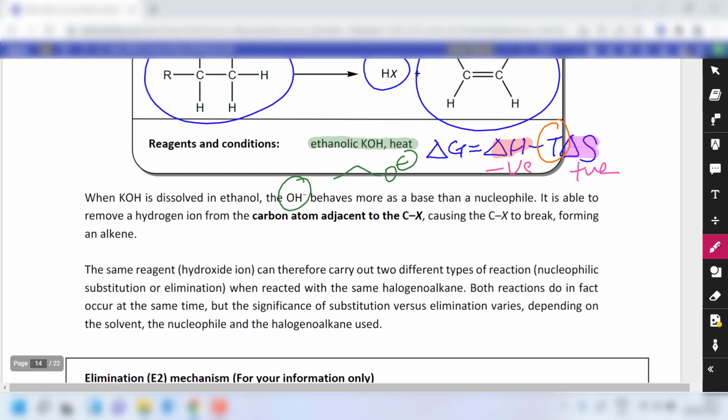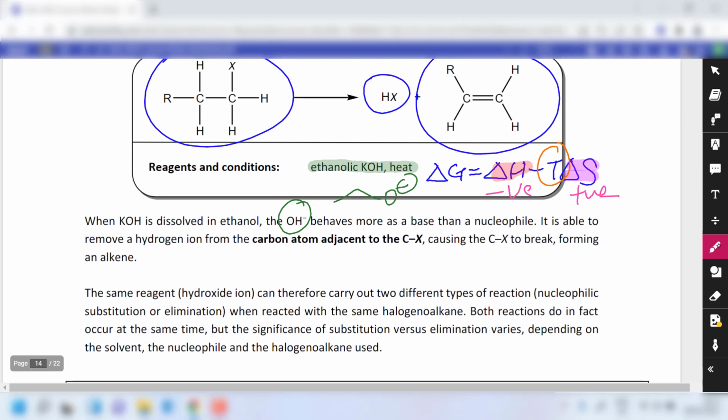What you need to recognize is that if you prefer the halogenoalkanes to undergo elimination, then you have to ensure that your potassium hydroxide is dissolved in ethanol. If you prefer it to undergo a substitution reaction, then you have to ensure that you do not dissolve your base in ethanol. Just make it aqueous. I think that will be sufficient. Of course, that is also subject to the solubility of my substrate in the aqueous medium as well.